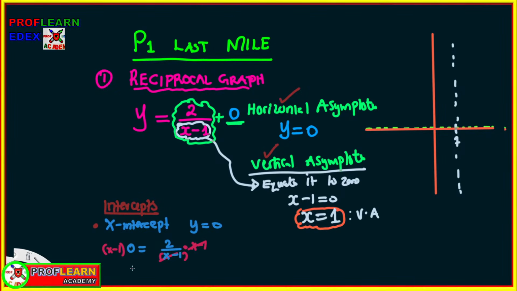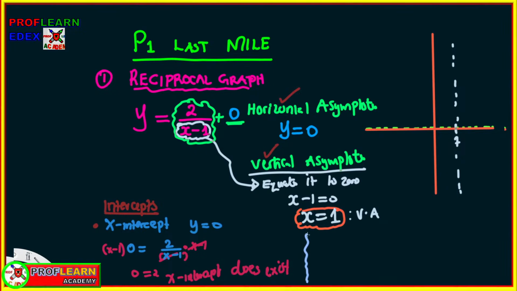This is not true. There's no way you can have 0 equal to 2. So the x-intercept does not exist. The reason the x-intercept does not exist is because the x-axis is a horizontal asymptote.